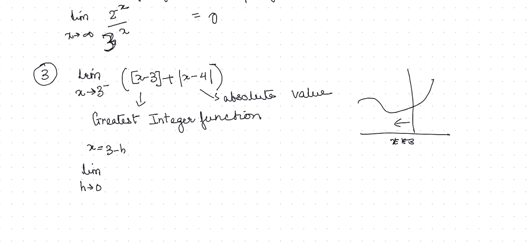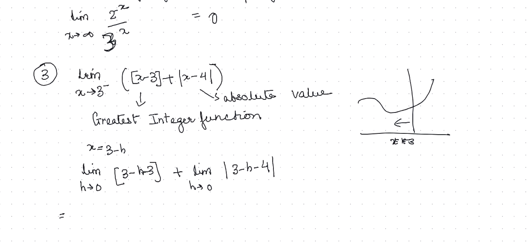So this would be 3 minus h minus 3, and this would be limit h tends to 0 for 3 minus h minus 4.